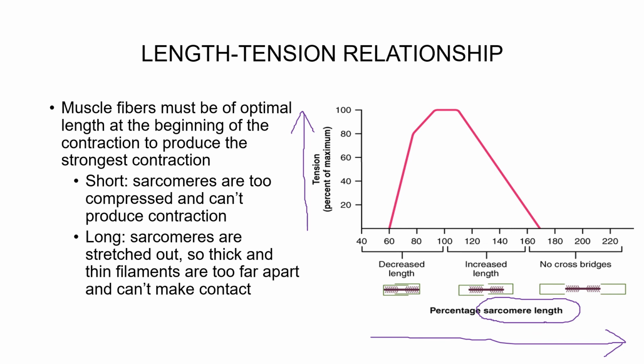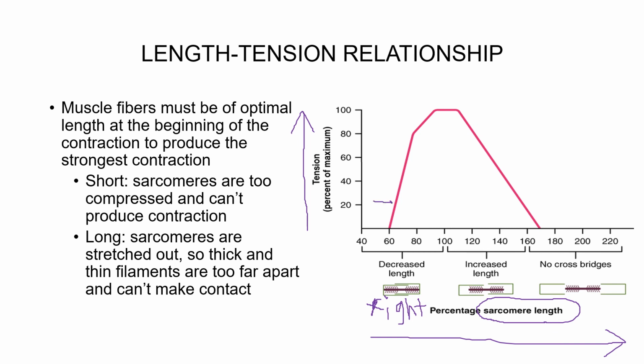So you can see that when we have decreased length, which means this is not a lot of stretching going on, this is very, very tight, let's say. So the muscles are tight, they're constricted, they're not very flexible. What you can see is we only have so much tension.